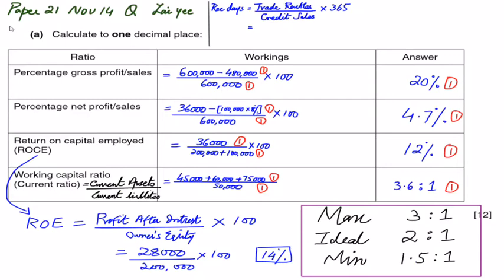If you can see, at the end of the year trade receivable is 45,000, and the credit sales, although we are not given the credit sales, we will assume that all of the revenue belongs to credit sales. If the examiner does not mention the cash sales, this means all of the sales is on credit. Then we'll be multiplying it by 365.